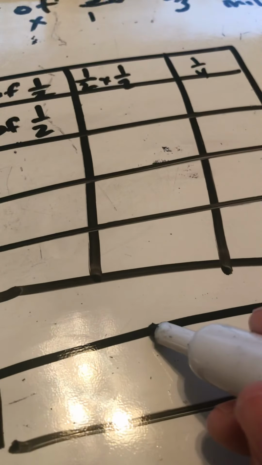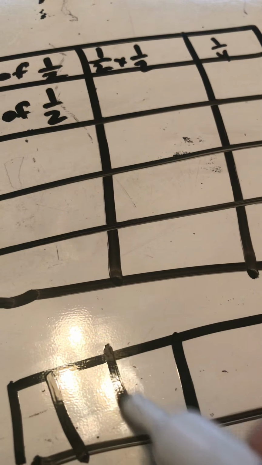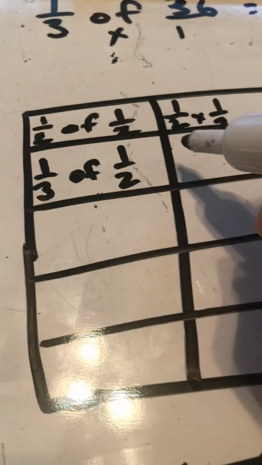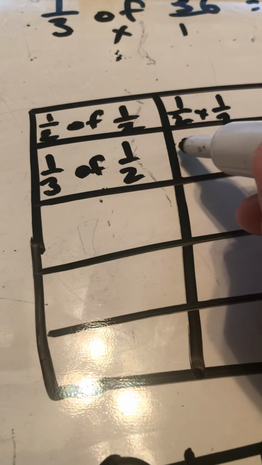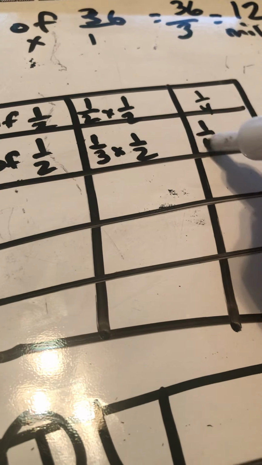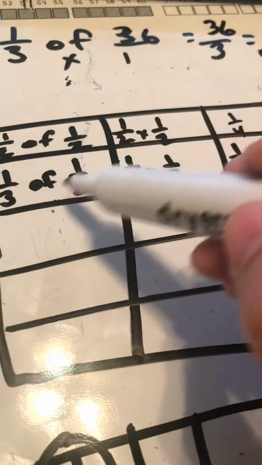So if we do this again and we cut it in half, we're talking about cutting this into thirds, right? We're talking about this piece right here. So we'd come up here and we would do 1/3 times 1/2, and our product would be 1/6. So again, our product is less than, right?